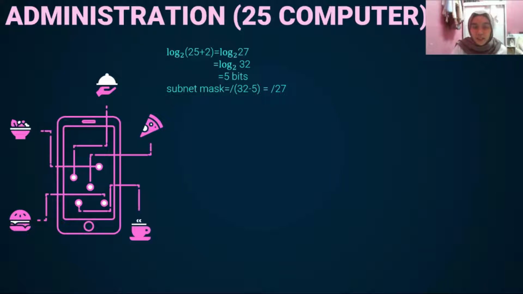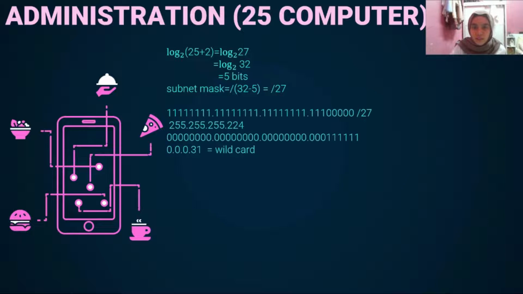Next, we get the subnet mask by using the subnet mask formula, which is 32 minus the number of bits borrowed, which is 5 bits. You will get 27. So this is the default mask in binary, and this is the CIDR. We convert the binary notation to decimal, and that is how you get the dotted decimal notation, which is 255.255.255.224.